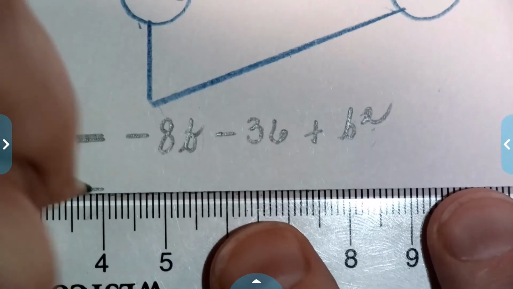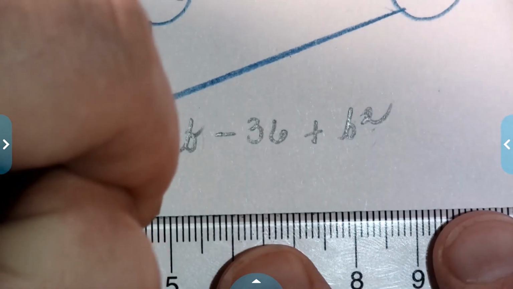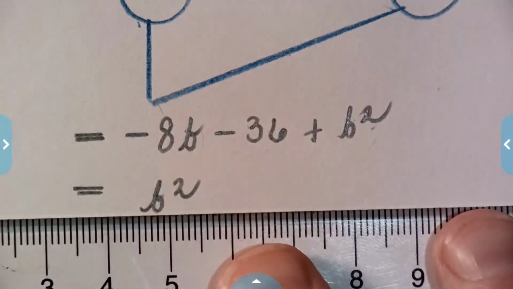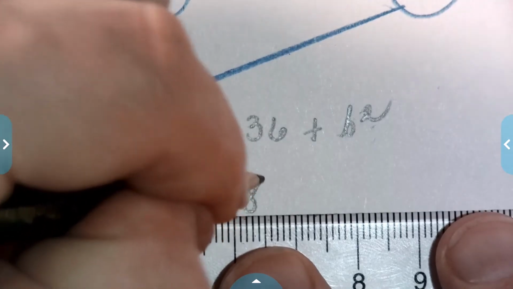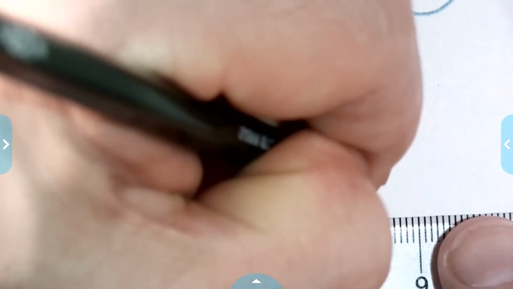So the preferential order would be b squared minus 8b minus 36.